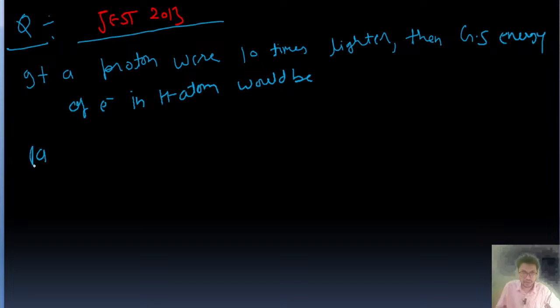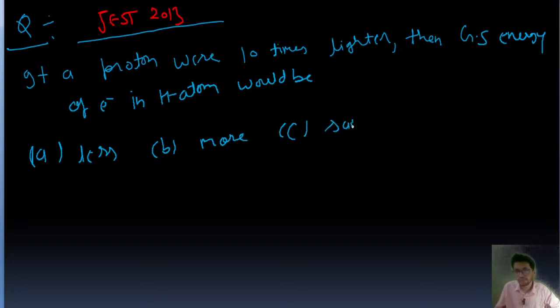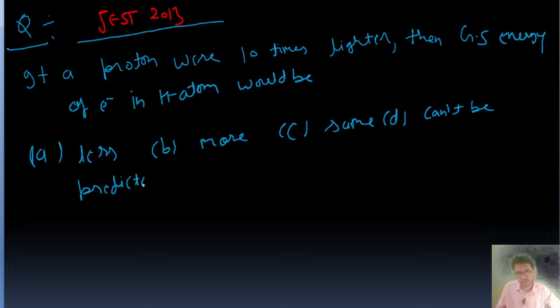Options are given. Option A, less. Option B, more. Option C, same. And option D, can't be predicted. Okay, so this is the question. Very good question.